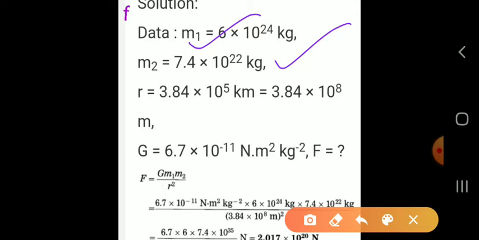R is given as 3.84 into 10 raised to 5 kilometer. So it will become 3.84 into 10 raised to 8 meter, because you already know that 1 kilometer is equal to 1000 meter. G is 6.7 into 10 raised to minus 11 Newton meter square per kilogram square. F is asked. So now let us see how to solve it.